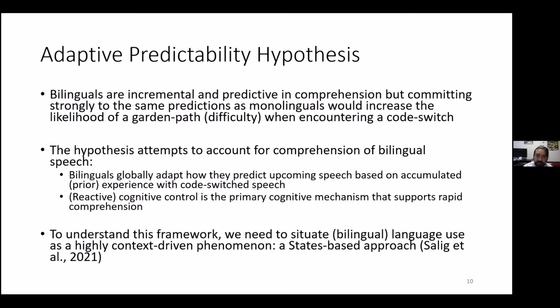Then, as a domain general cognitive mechanism, we're proposing that reactive cognitive control is the primary cognitive mechanism that supports rapid integration at the moment of encountering the code switch. To understand this framework, we need to situate bilingual language usage as a highly context-driven phenomenon, one that will be highly dependent on the varied experiences of bilinguals.